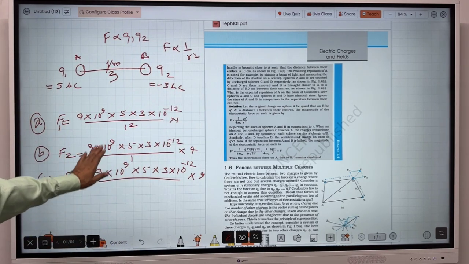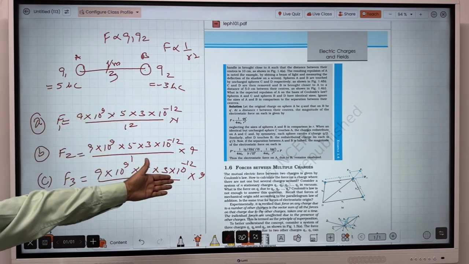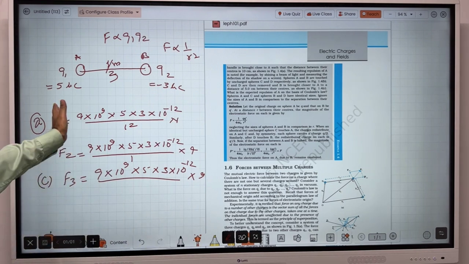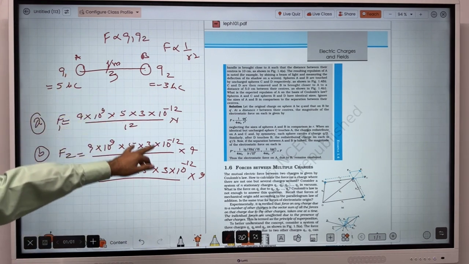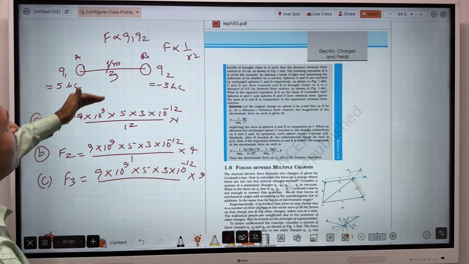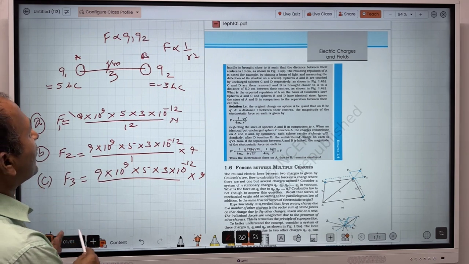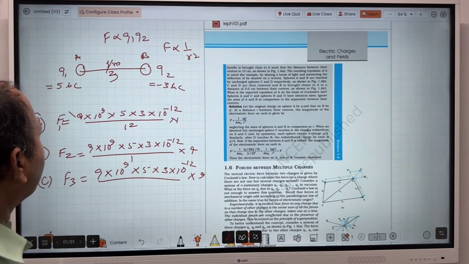So definitely in the order of square it is increasing when you are bringing them closer. If you take them apart, then force will decrease. Like if you double the distance, force will become 1/4. If you triple the distance, then force will become 1 by 9 times. So this is the case when the distance between the two charges is varied.